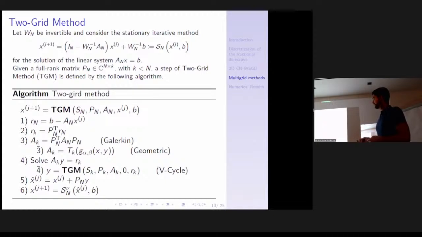Since this algorithm is expensive, the solution is computed over the second grid, which should not be so coarse. We can replace step 4 with a recursive call of the two-grid in order to reach a lower level where the grid is really coarse and the solution is cheap. And the resulting algorithm is called the V-cycle.